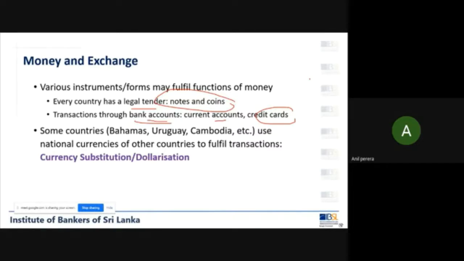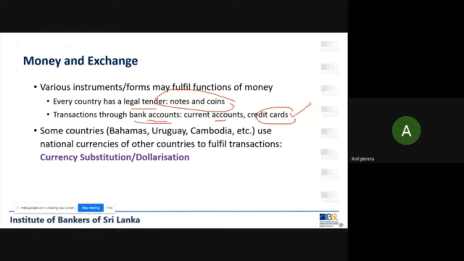Now, even though they fulfill transactions in the economy, all these bank products may not be money. Some could be part of money. For example, there is an argument whether a credit card is money or not. Some people say it's money. Some people say it's not money. There are various arguments.